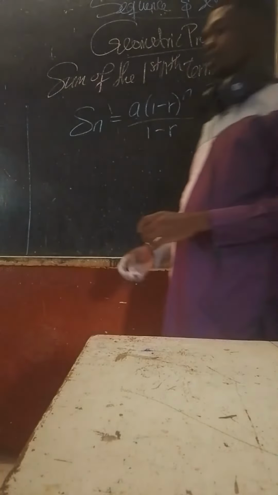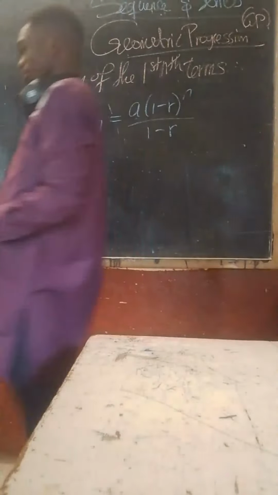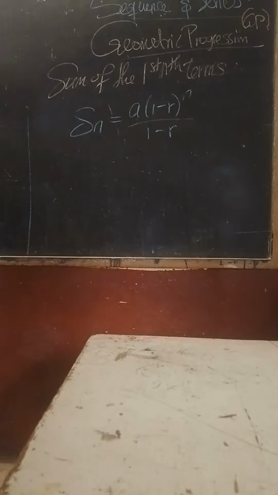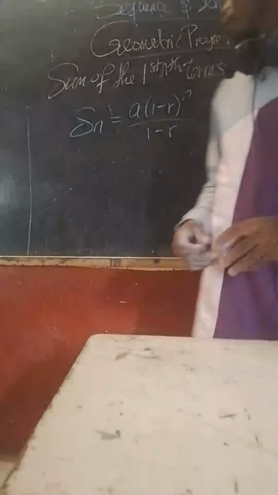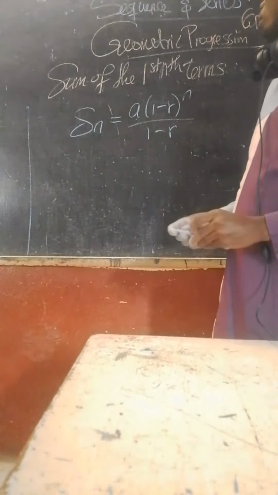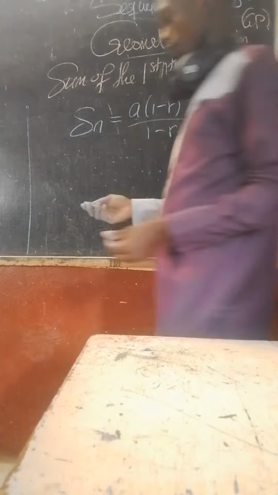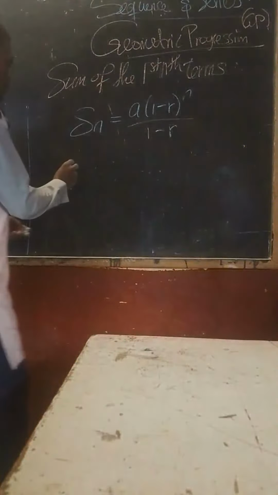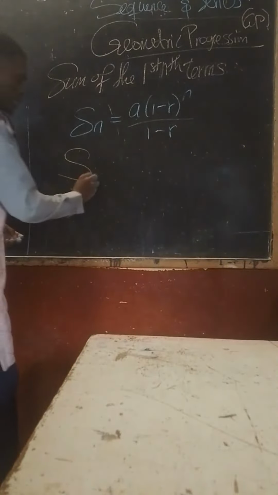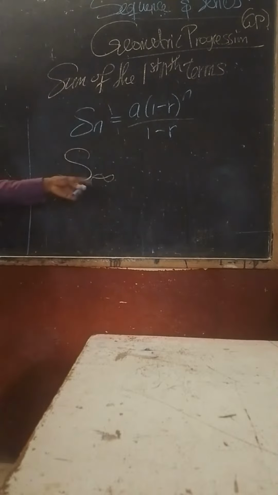Now, God, we prepare to read that question so that we solve it. There's nothing to add here, we are done. That's sequence and series. I'll add this formula, sum to infinity. In mathematics, this is infinity.